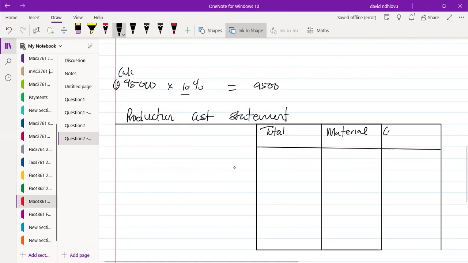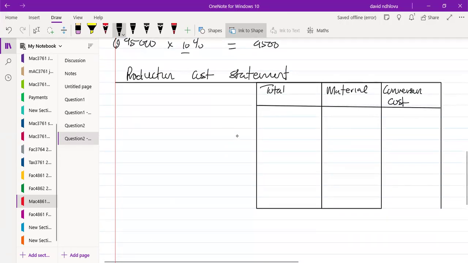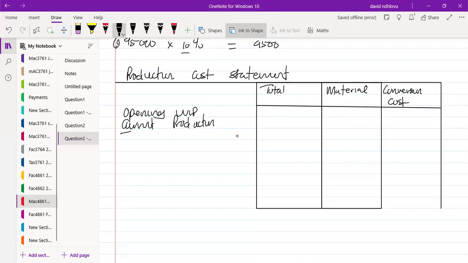So total, material and conversion cost. And then we say opening WIP, and then we say current production, then we say total.